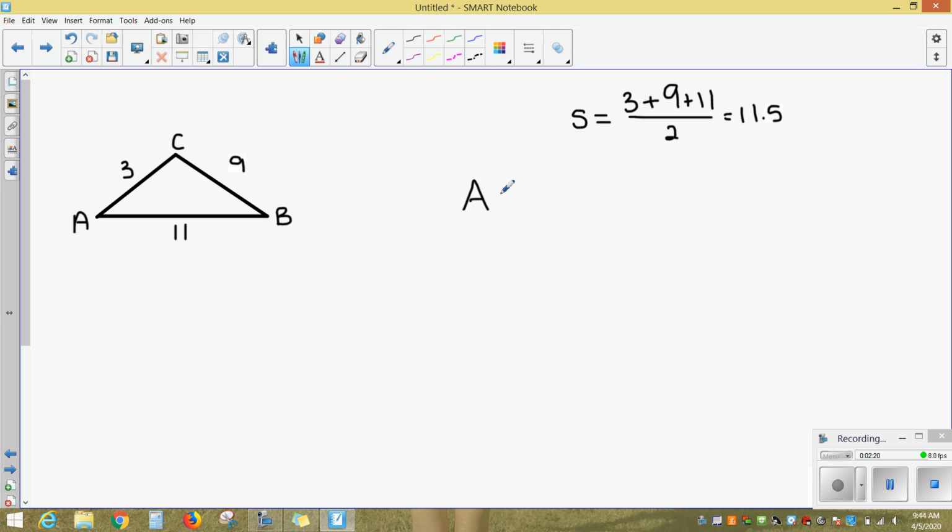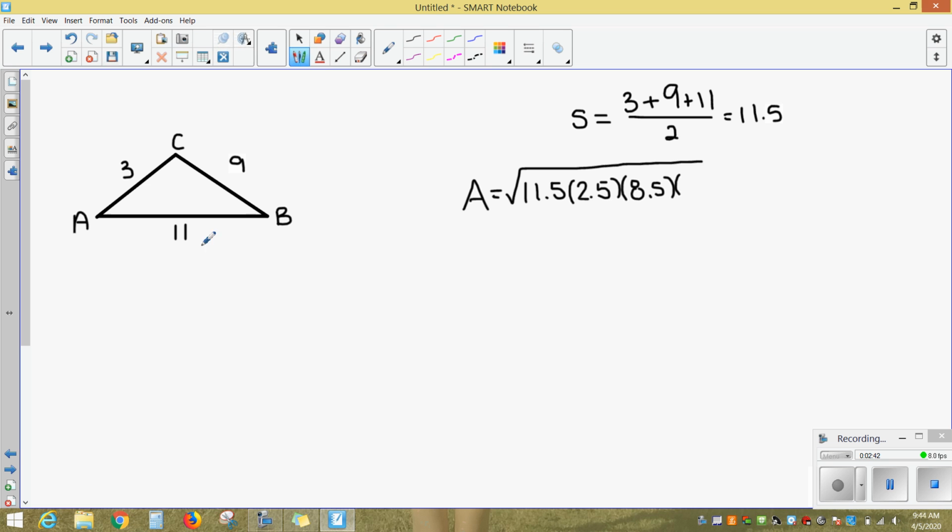The area of the triangle then is going to be S times S minus A. So 11.5 minus 9 is 2.5. S minus B: 11.5 minus 3 is 8.5.